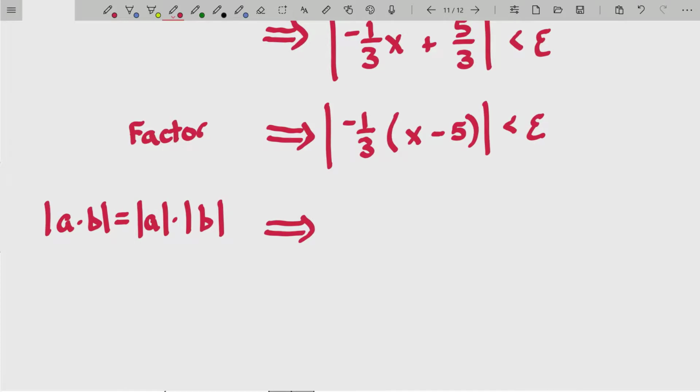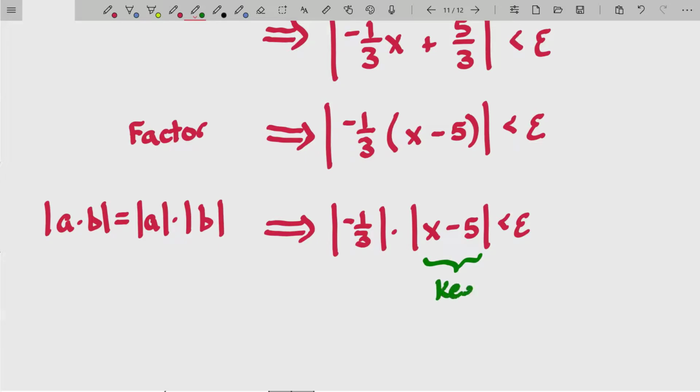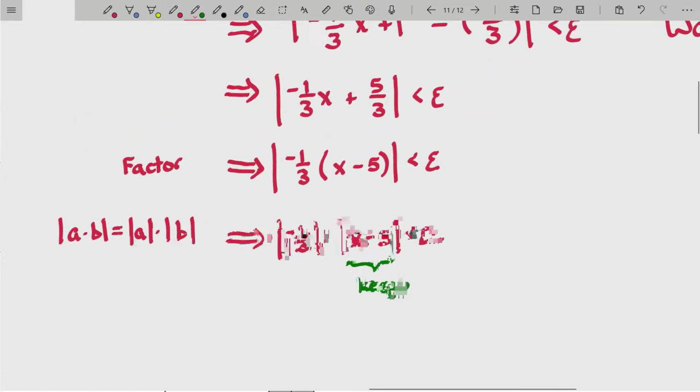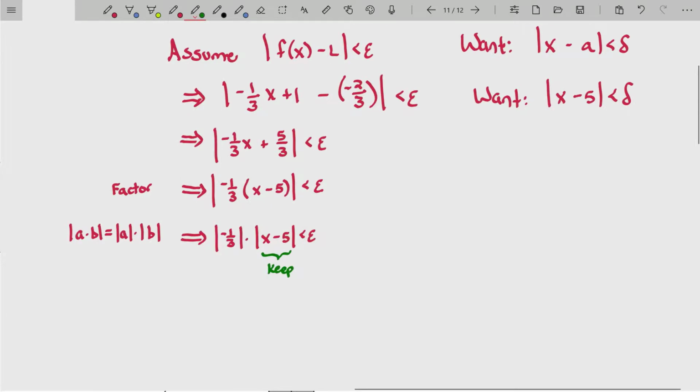And so the absolute value of negative 1/3 times that x minus 5 is the same thing as the absolute value of negative 1/3 times the absolute value of x minus 5. Remember, I want to keep that piece right there because that's where we want to arrive.